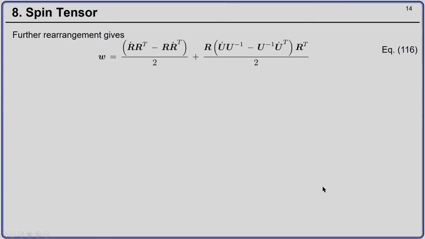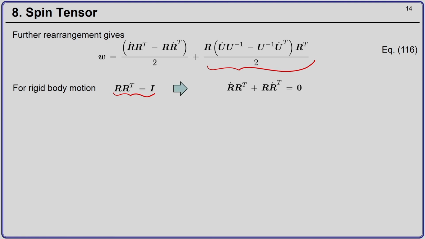So, what I am left with in the second term is this quantity: R into (U dot U inverse minus U inverse transpose U dot transpose) R transpose. Now, I know that R transpose R is identity, because R is an orthogonal tensor. So, R inverse is R transpose, therefore R transpose R is identity.